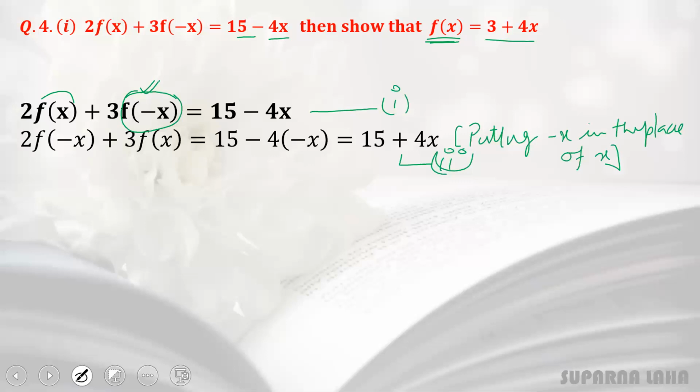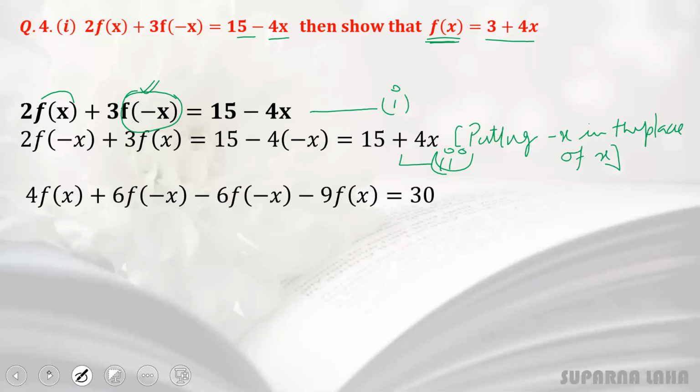So firstly, multiply equation 1 by 2 and equation 2 by 3 and subtract them. You will find this equation.